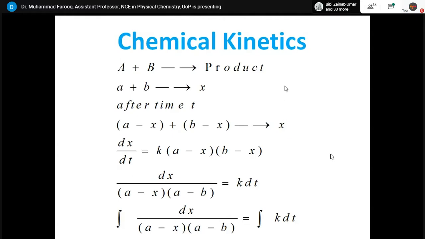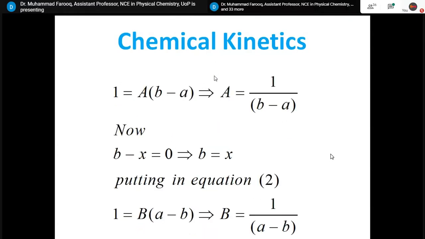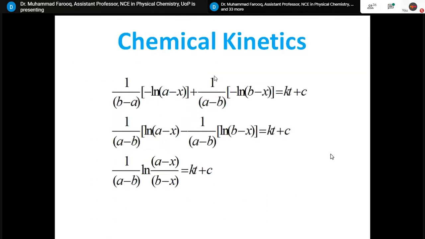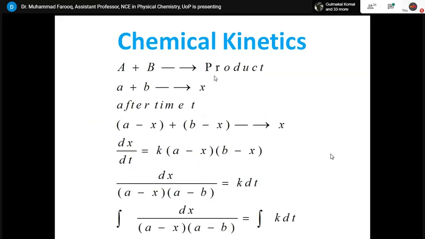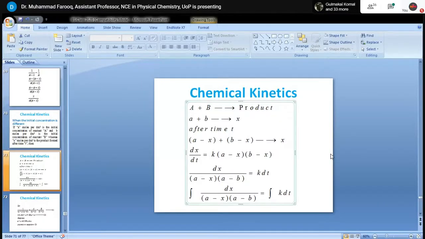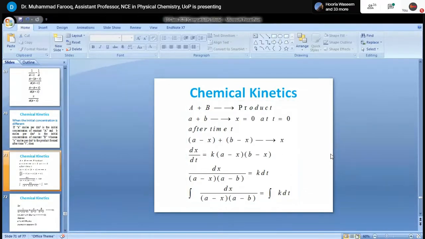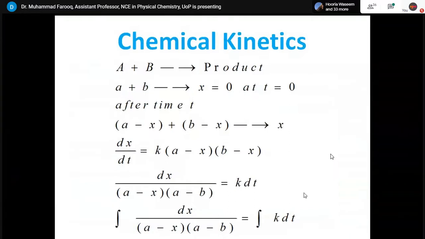For example, when t is 0, X will be equal to 0. Just to make it more clear, at t equal to 0, no product will be formed.